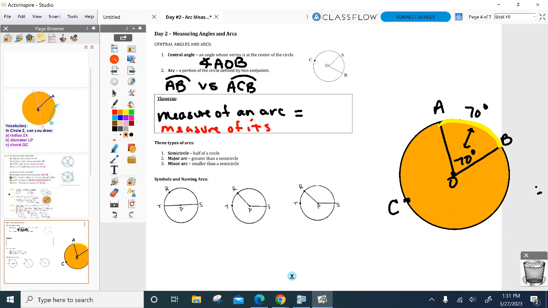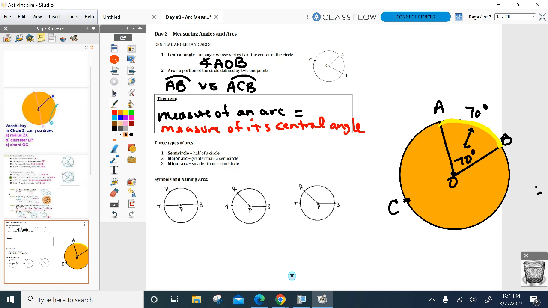Central angle. They always go together. The central angle is 70, so will the arc. And remember, this just means 70 degrees out of 360. All right? We okay on that?